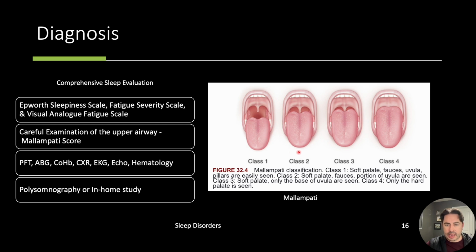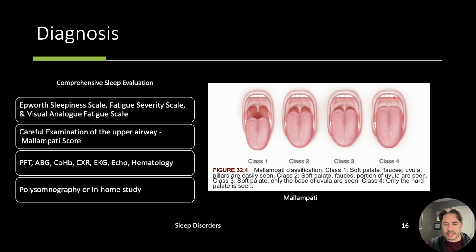Then a class 2, the soft palate and the uvula are visible. And then class 3, only the soft palate and the base of the uvula are visible. And in class 4, only the hard palate is visible.